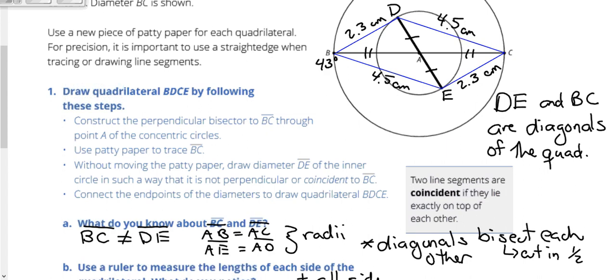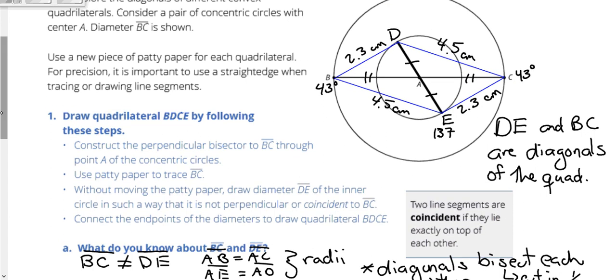This angle here, when measured, is about 137, sorry, I wrote that wrong. 137 degrees. And if you measured it, you might be getting a little bit different than what I did. Should be 43 degrees, and then this one up here is about 137.